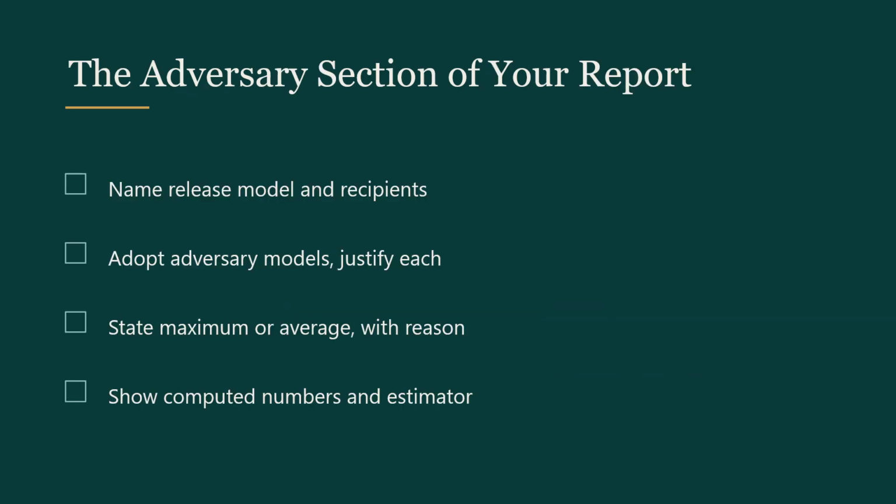Let us convert 40 minutes of theory into the section you will actually write, in the order a reviewer reads it. Item 1. Name the release model and the anticipated recipients before anything numeric appears. Public download, agreement-governed transfer, or enclave access, and who specifically.